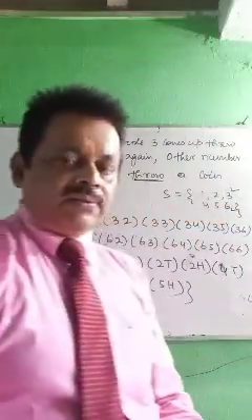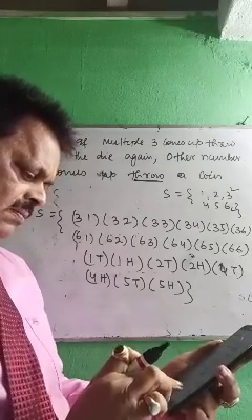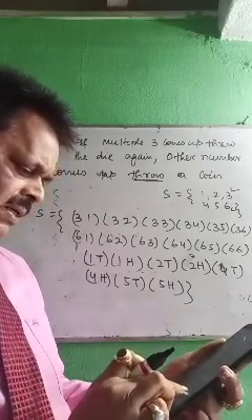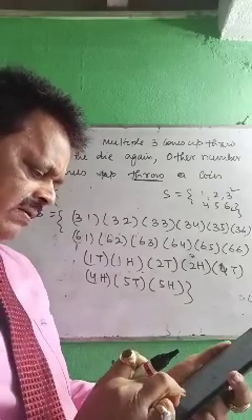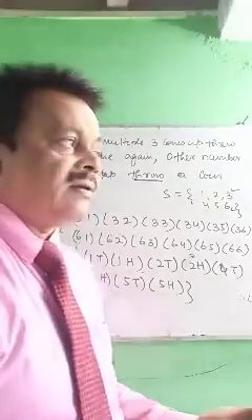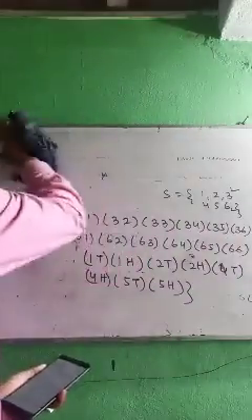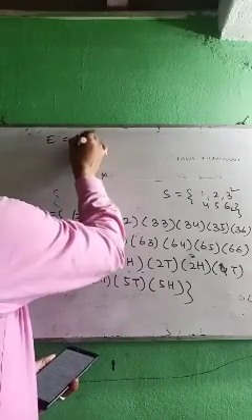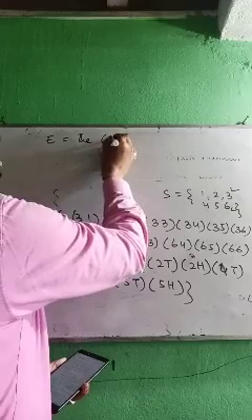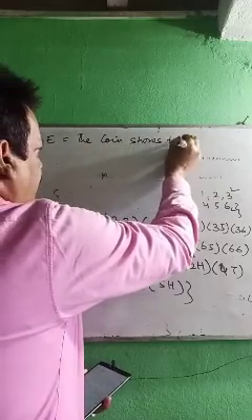What do you want to find out? Find the conditional probability of the event E that the coin shows tail.